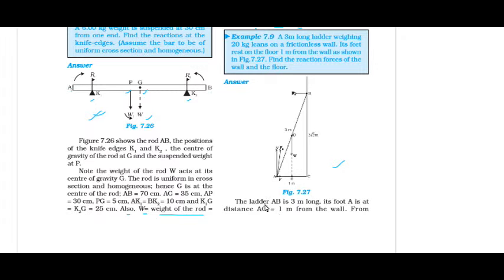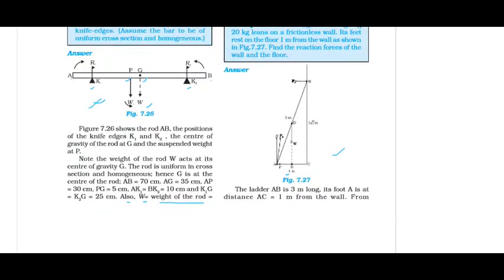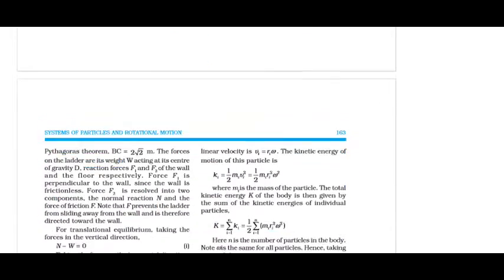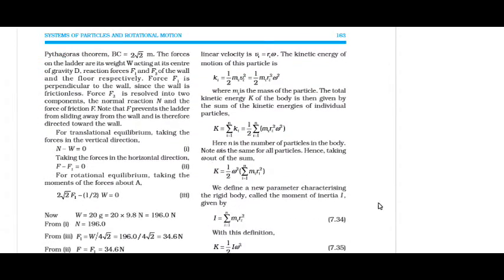Now the ladder AB is 3 meter long, so we have drawn AB as 3 meter. Its foot A is at a distance AC equal to 1 meter from the wall. From Pythagoras theorem, BC is equal to 2 root 2.